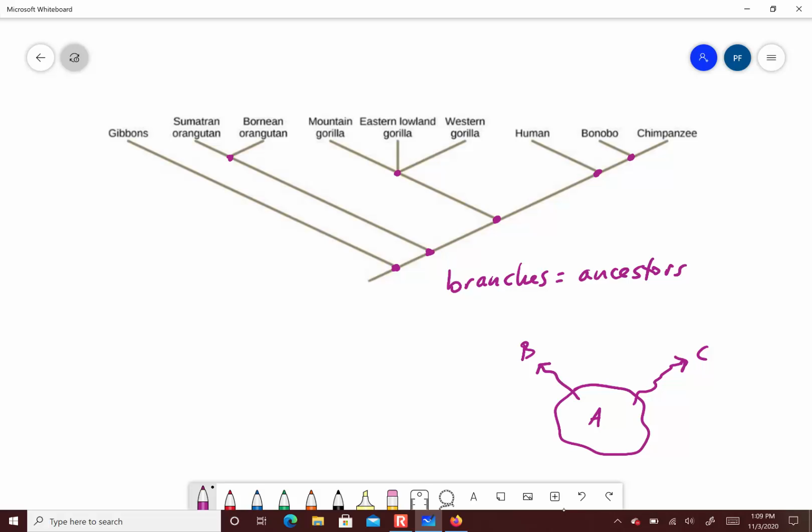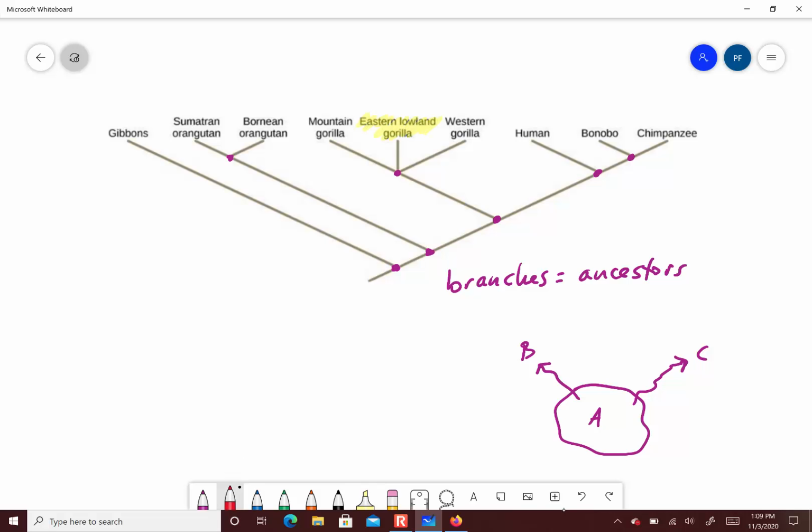So we use these trees, like if you saw this tree and there was some question like, which of these things is more closely related to the eastern lowland gorilla? Here's the eastern lowland gorilla. So if we're just looking at this and we say, well, what's more closely related to it?